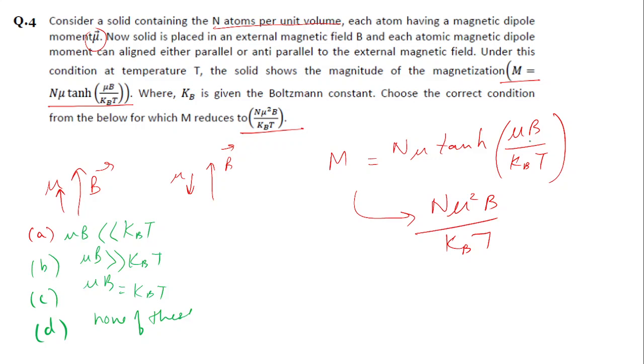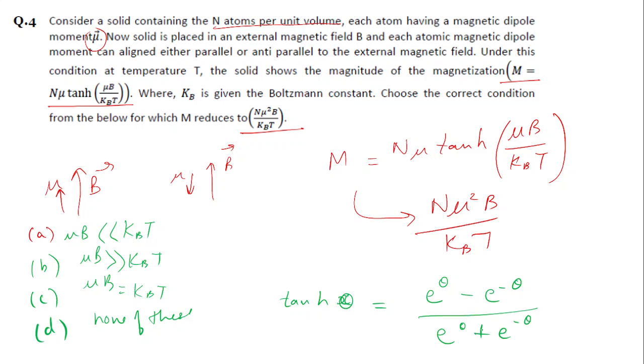Now the first thing we need to remember is that we have to use the tanh function. Tanh of some theta, in terms of exponents, the expansion is e to the power theta minus e to the power minus theta, divided by e to the power theta plus e to the power minus theta.